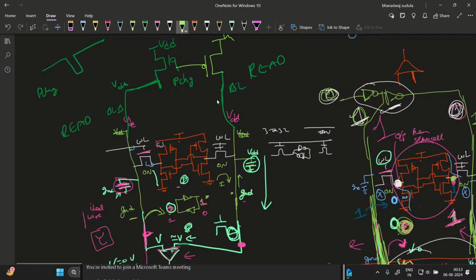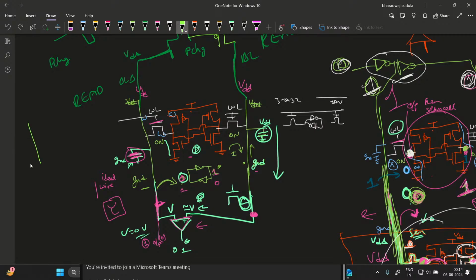And this might have an issue because let's say this is bit line and this is bit line bar, and there are some SRAM cells here, connected through access transistors. You have written some data, let's say 1 and 0 into different columns, and bit line bar you have written 1 only.